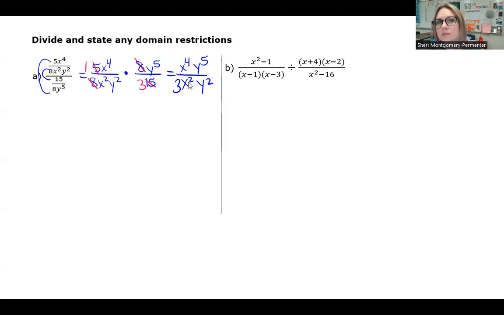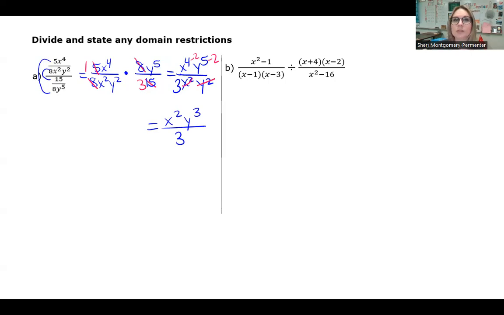So that 4 I will have to subtract 2, and that 5 I'll have to subtract 3. So I get x to the second power, y to the third power. And I'm only left with a 3 on the bottom.